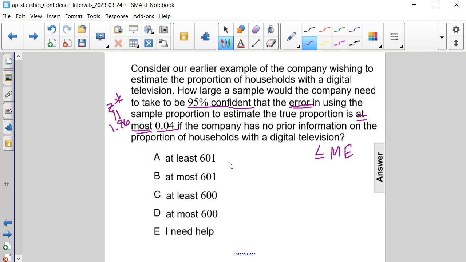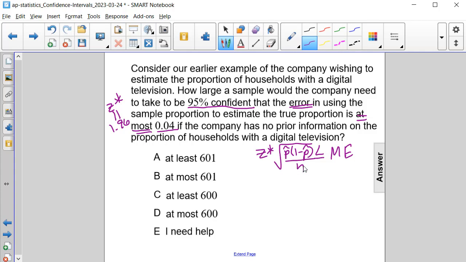The inequality for the margin of error is the critical value, or Z star, times the square root of our sample proportion times 1 minus our sample proportion, all divided by n.